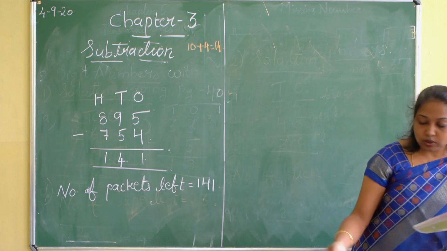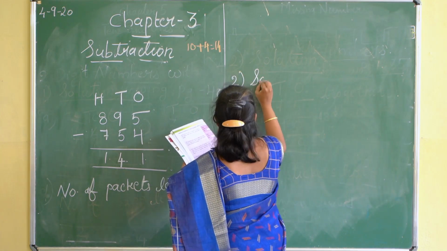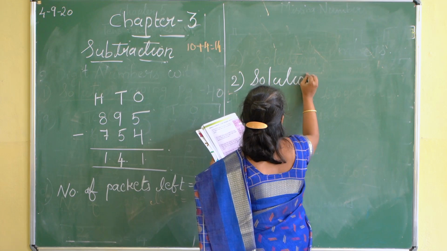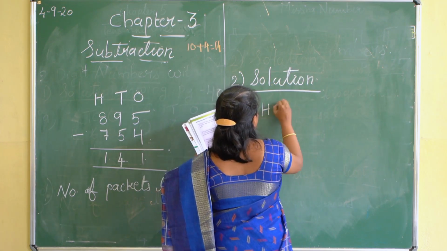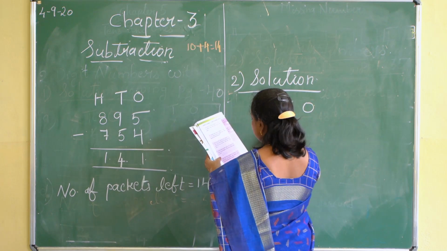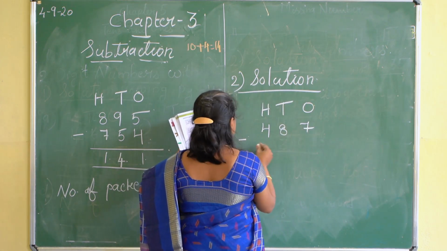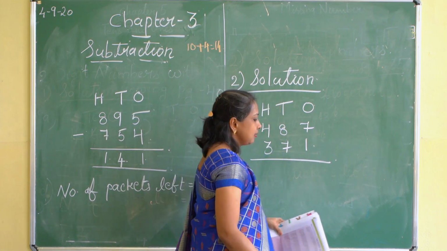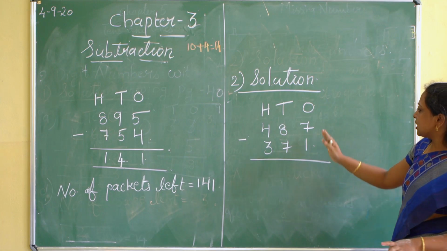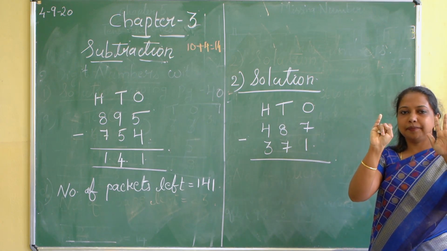Now you have to write the solution. First of all, you have to arrange the numbers according to the place value. 487 minus 371. We will start from the ones place. 7 minus 1.